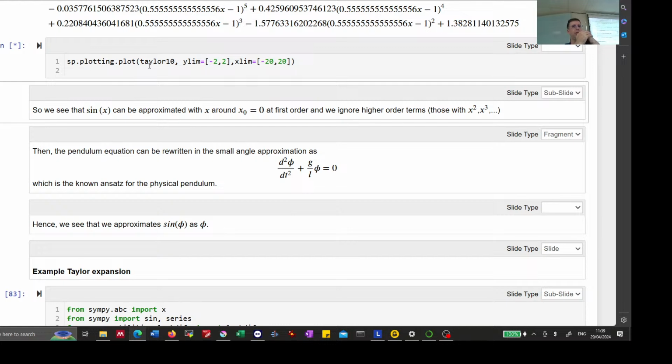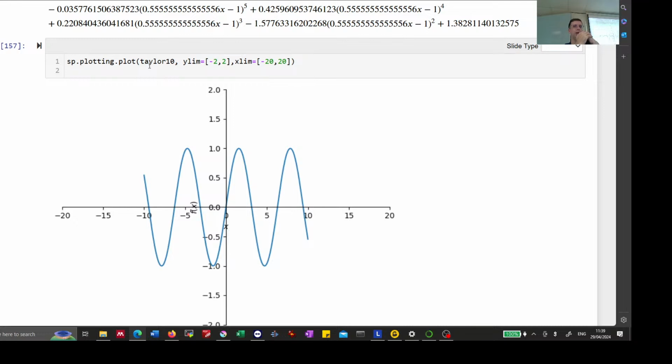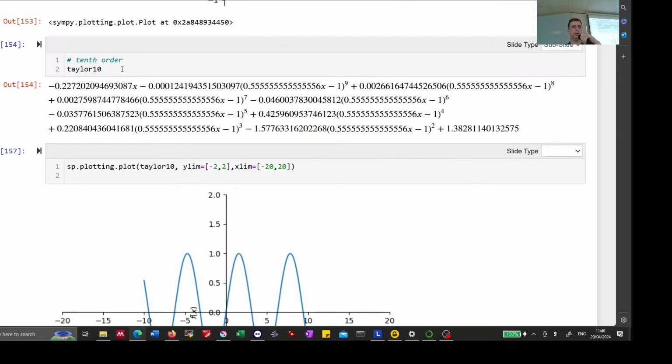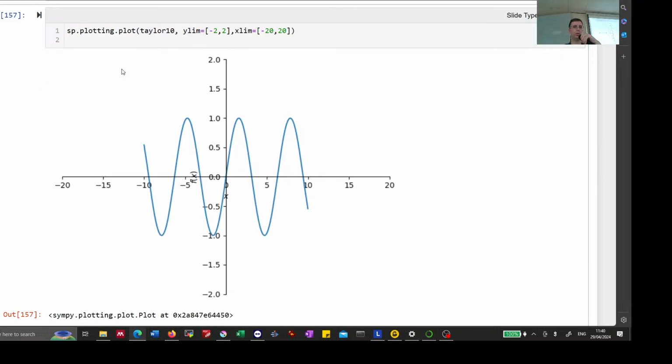And then you see even better that, yes, there is more and more agreement between the Taylor function and the original function, the more terms you add. So this almost looks like a sine function. Yes, no, maybe. And the only thing you need to do is you need to have like 100 terms of your polynomial.